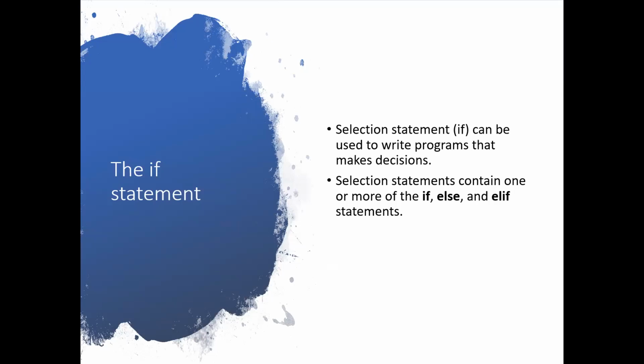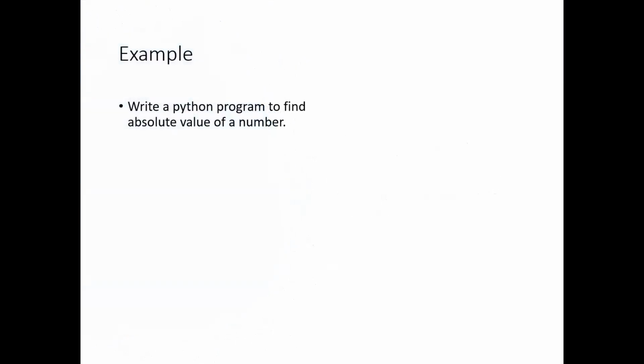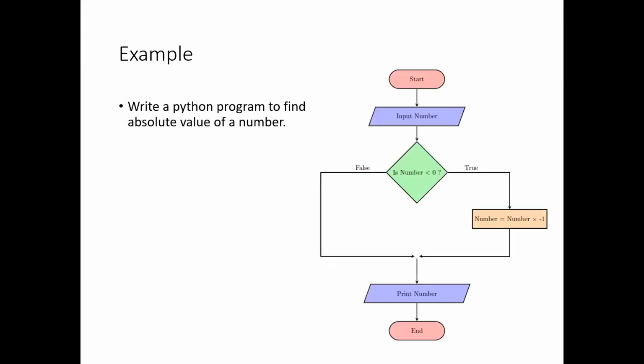Let me explain with a simple example. Let's say we have a Python program to find the absolute value of a number, meaning you get some input from the user and check whether the number is negative. If it is negative, we can make it positive, or remove the sign by multiplying it by -1, right? Okay, so let's try to program this in Python.